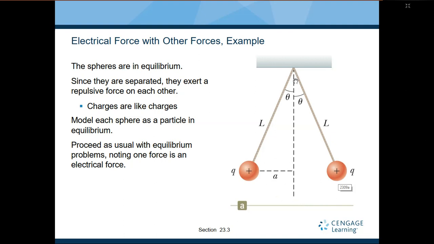So the distance between the centers of these electric charges is equivalent to A. Meaning to say, the distance from Q up to Q here is 2A. Right? Not A squared. It must be 2A.